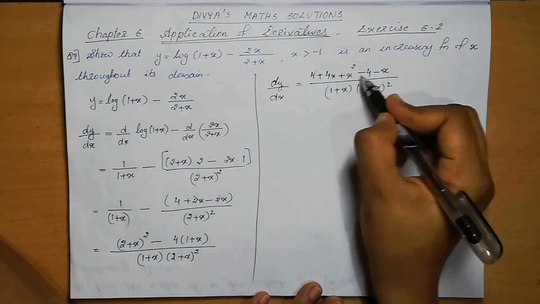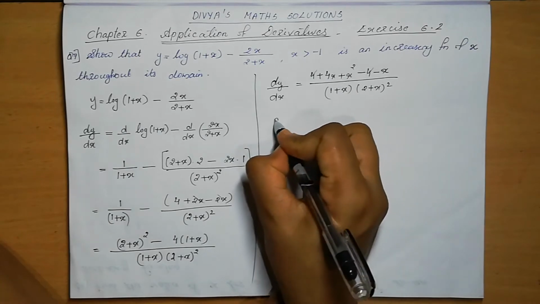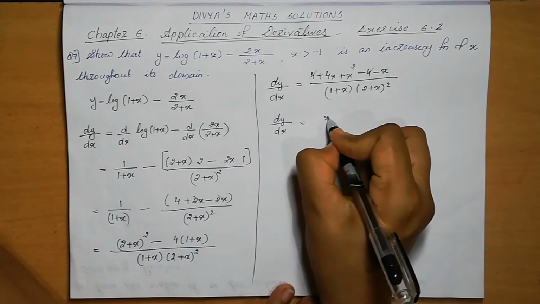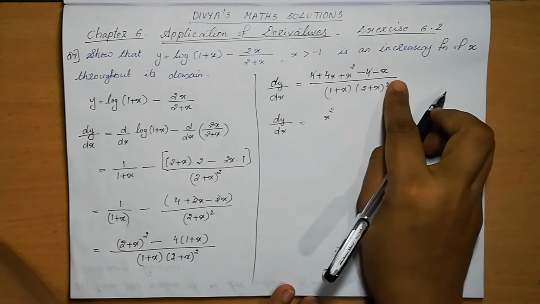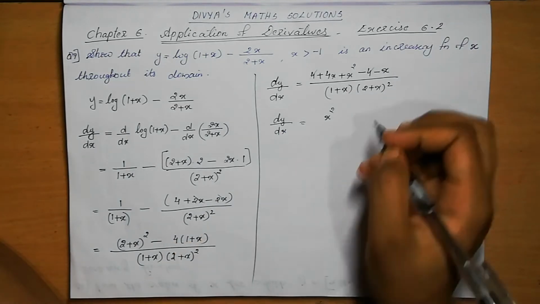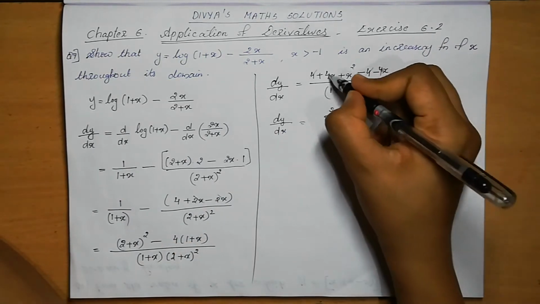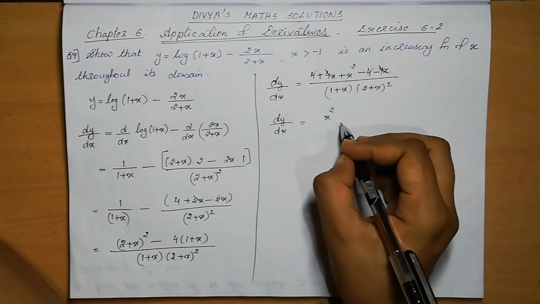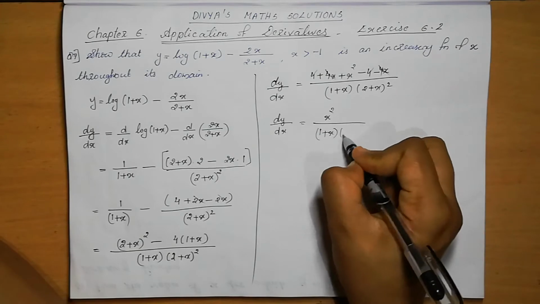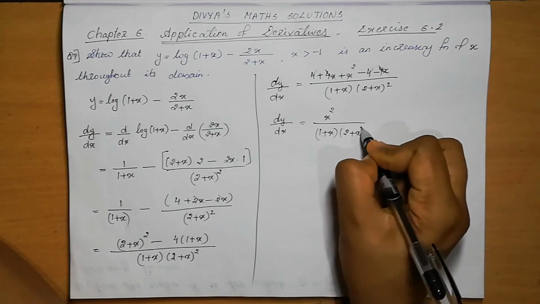So the plus 4 and minus 4 cancel, and the plus 4x and minus 4x cancel. So we will get dy by dx equal to x square by (1 plus x) into (2 plus x) the whole square. This is the first derivative.